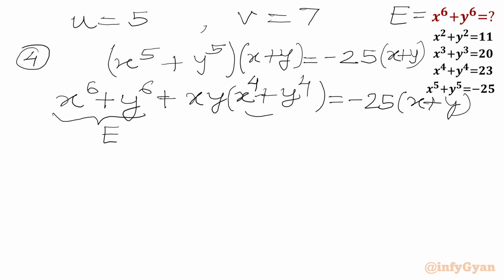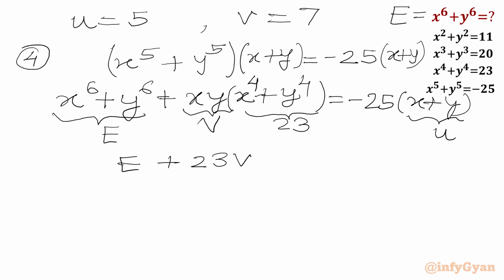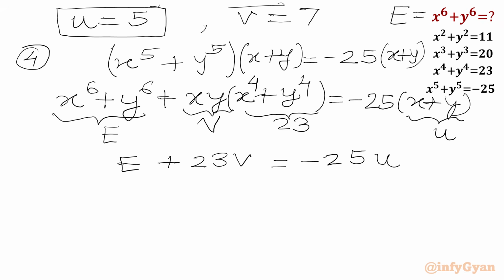Now x power 4 plus y power 4, equation number 3, value will be 23. xy is substitution v. x plus y is substitution u. So I can write E plus 23v equal to minus 25u. Now u is 5, v is 7. We can find our required expression E.